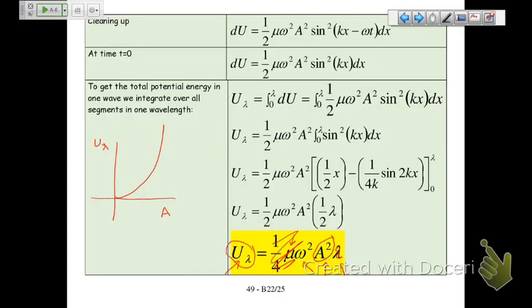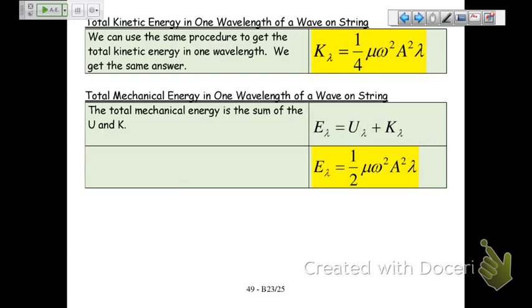There are times when we do derivations, as you did in Physics 1, if you're with me, but more specifically, if we do the kinetic energy, we get the same answer. And if we get the total mechanical energy, we just add the 2 answers together. So that's a bit of conceptual stuff.